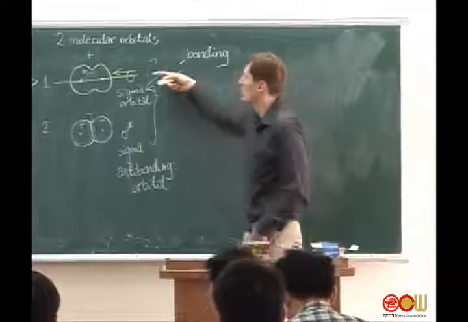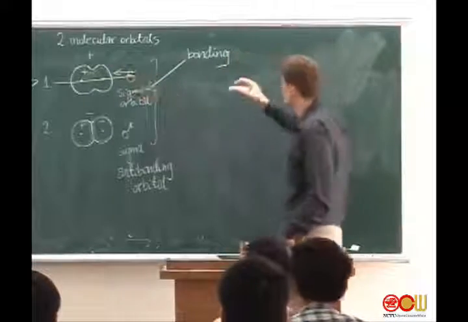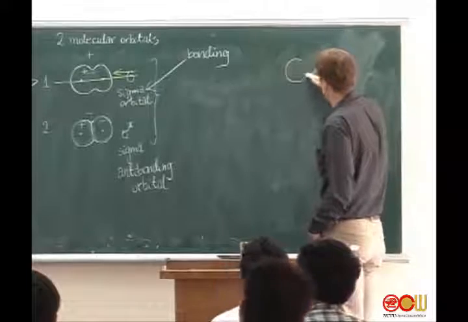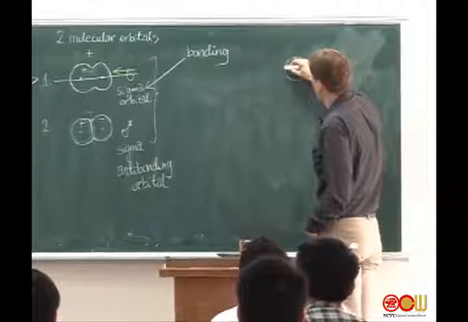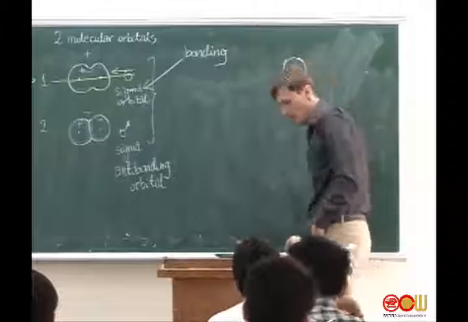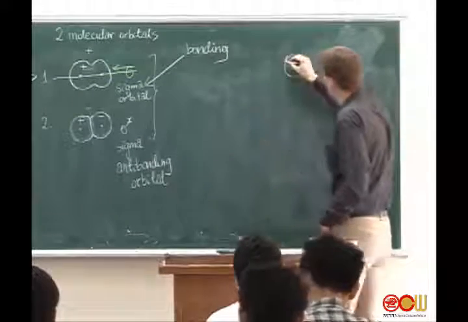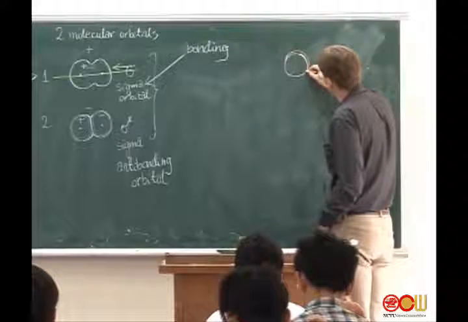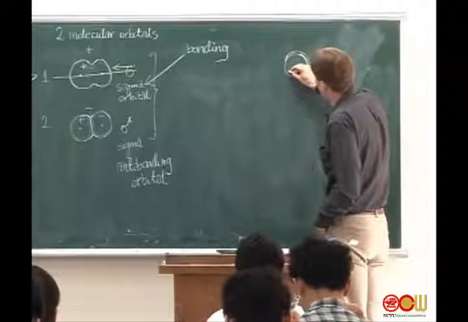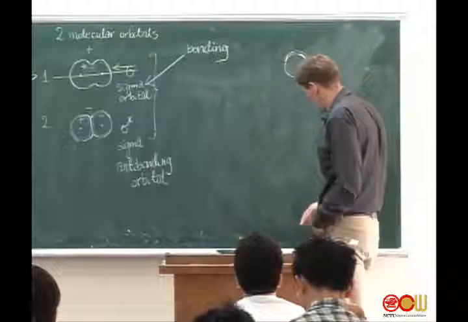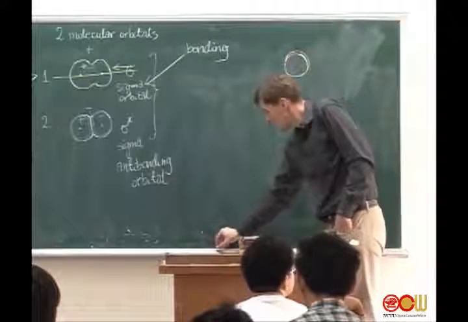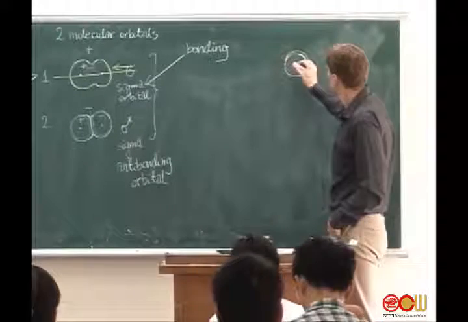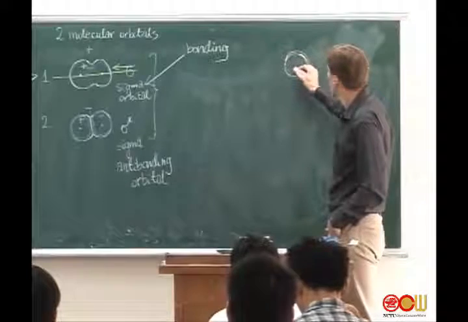If I look from here, what I see is one s orbital of the first one, and just behind this one, maybe I use another color, just behind there is another orbital of the other one sticking out. And here are the two nuclei, one and behind there is a second.